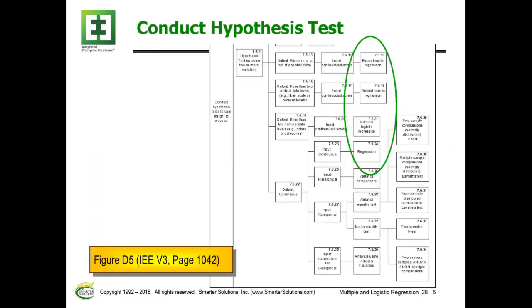We drill down from that, and we lead to our decision tree. In that, we'll see binary logistic regression, ordinal logistic regression, nominal logistic regression, and basic regression also, where we're going to be looking at the output of a response and have the inputs that could be continuous, or they might even be categorical.